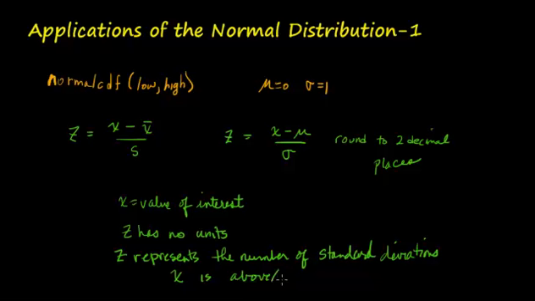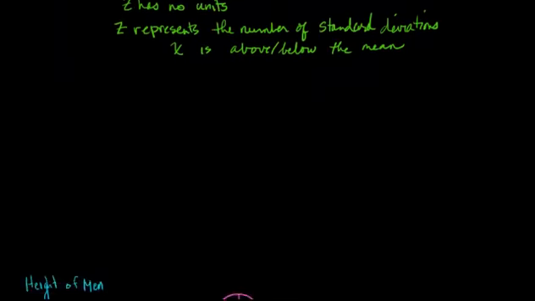I'll just put above slash below, because it could be above, it could be below the mean. That's what a z-score tells us. Okay, so once we standardize the data, that means the mean will be 0 and the standard deviation will be 1.